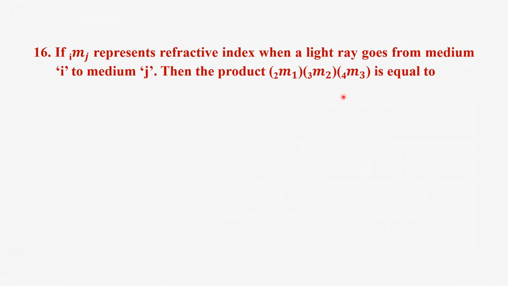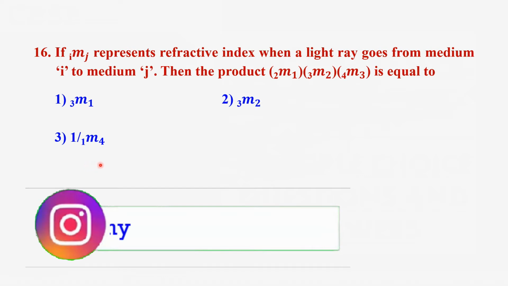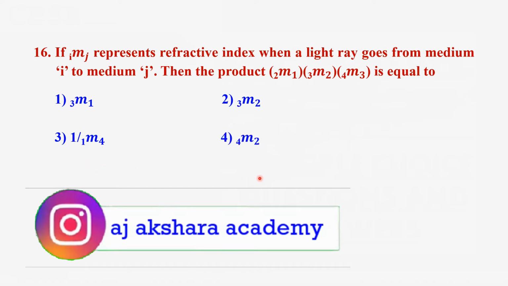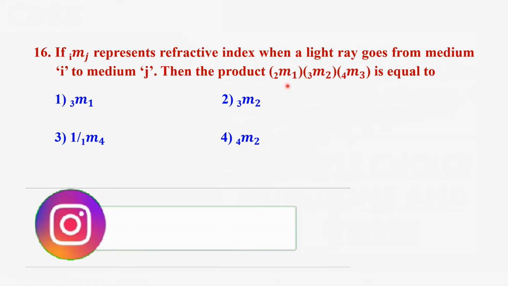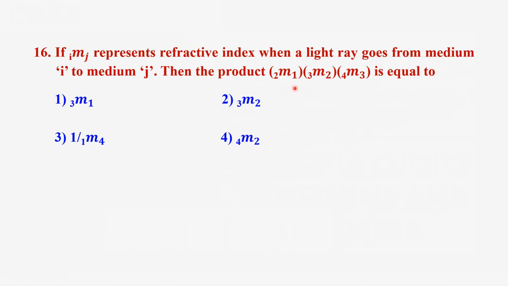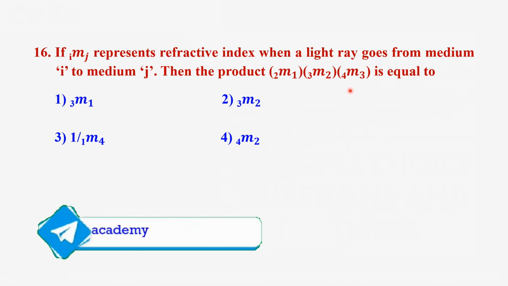M21, M32 and M43 is equal to: first option M31, second option M32, third option 1 by M14, and fourth option M42. Here 1, 2, 3, 4 refer to the refractive indices of the mediums.